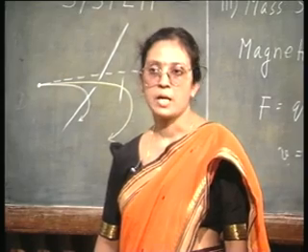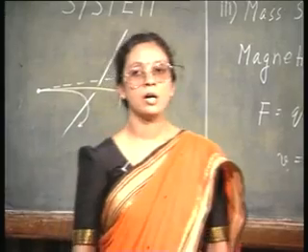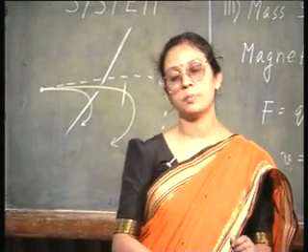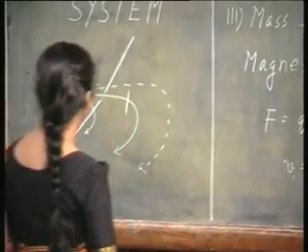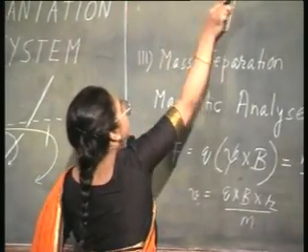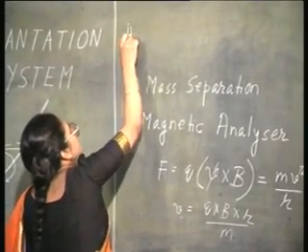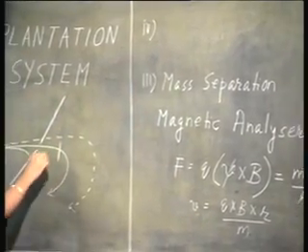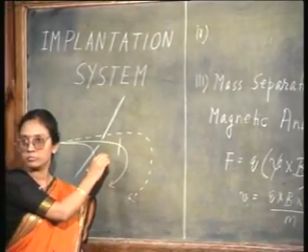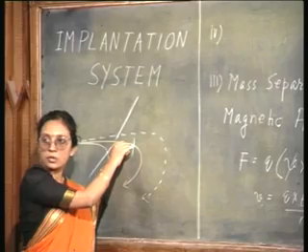Okay. And we have a fourth part of the implantation system. If you have a small target, then this is good enough. Okay? You have the mass separation and this is coming and hitting on the surface.